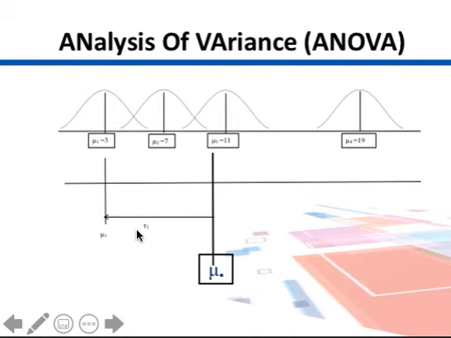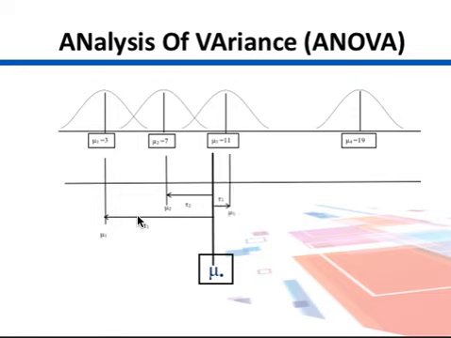Tau 1 represents treatment 1. In the same way mu2 is under the effect of tau 2, and mu3 varies less under the effect of tau 3. Tau represents treatments here, and treatment number 4 affects mu4 more, so that's a little further from the grand mean. So we calculate those deviations of the treatment means from the grand mean, and then we calculate the variance between these treatments.